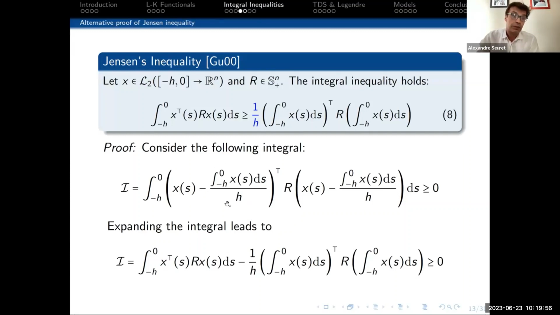When you expand this expression, the quadratic term in x directly leads to this term. You have the quadratic term with respect to the mean that gives this quadratic term here, and the cross products are also written in this form. So you end up with a very simple expression, where this integral I is actually the gap of the Jensen inequality.